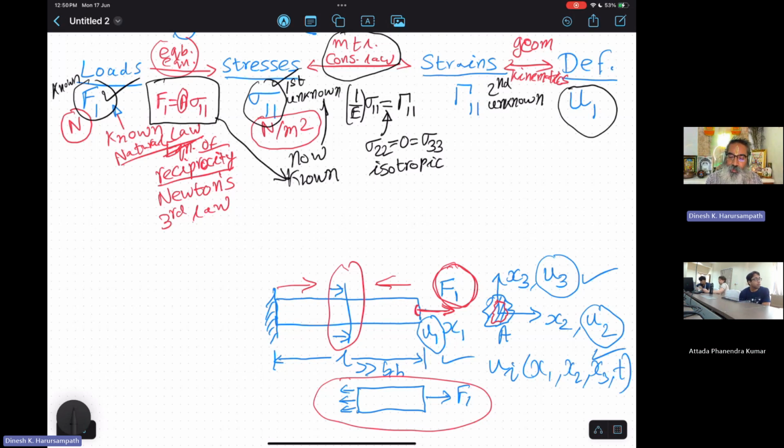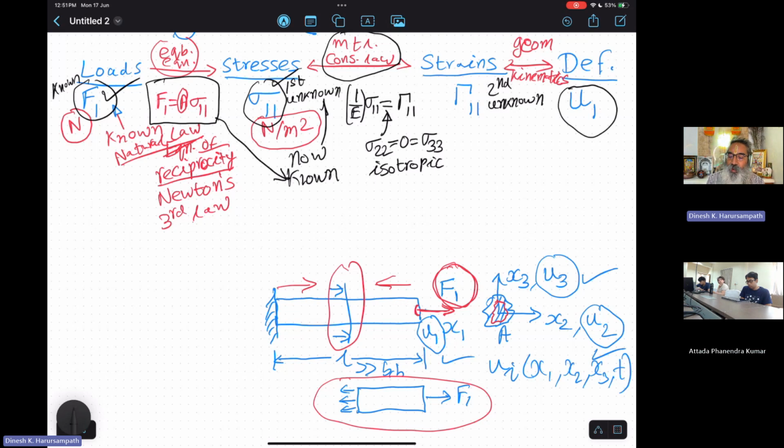As Nafis already mentioned, we have gamma 22 and gamma 33 as well, just that we are not talking about it right now to keep things simple. But if we want, we can determine those as well, because we know the Poisson's ratio in those directions. If it's an isotropic material, then it's the same Poisson's ratio in all directions. We can get that as well.